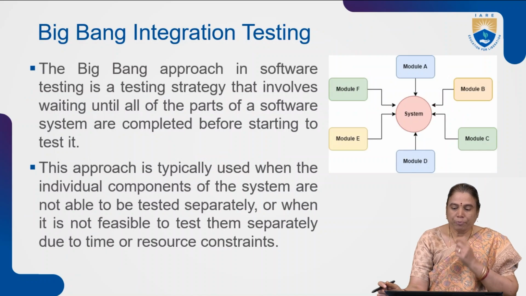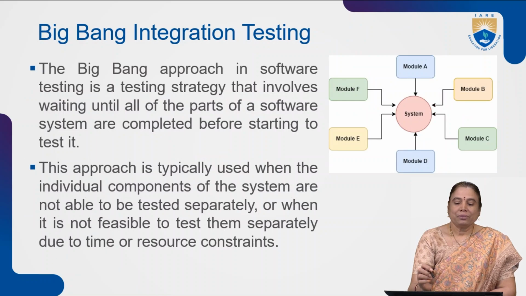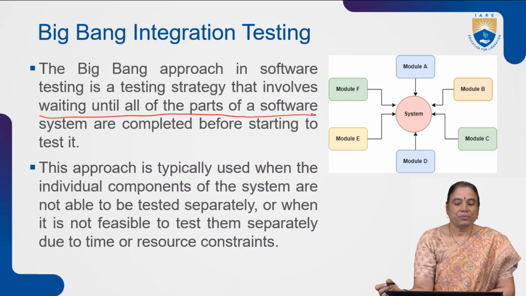So the Big Bang approach is a software testing strategy that involves waiting until all the parts of the software system are completed before starting to test it. This approach is typically used when the individual components of the system are not able to be tested separately.